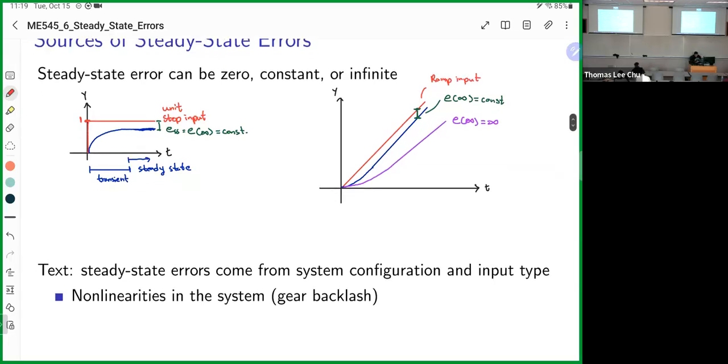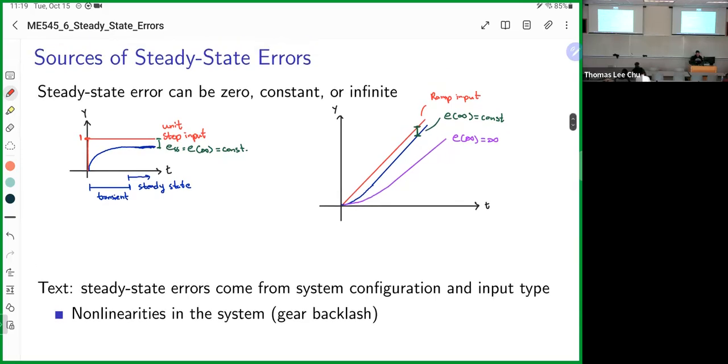So the textbook says that steady state errors come from your system configuration and input type. One example is nonlinearities in the system, like gear backlash. When the gear moves, the amount of wiggle between each gear can cause backlash, and that's a nonlinearity that is not accounted for, and that's a source of error. When they talk about input type, there's also something called system type.